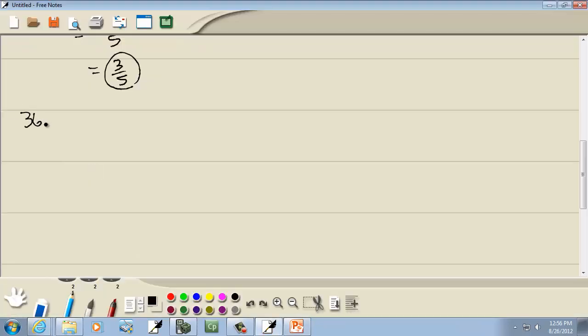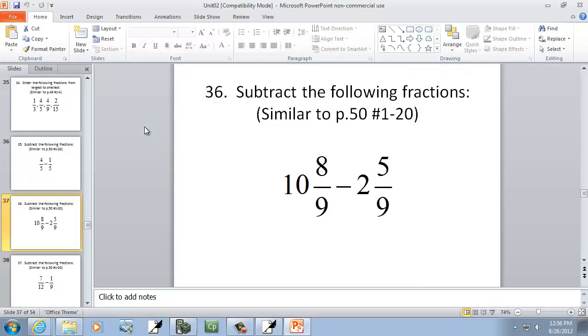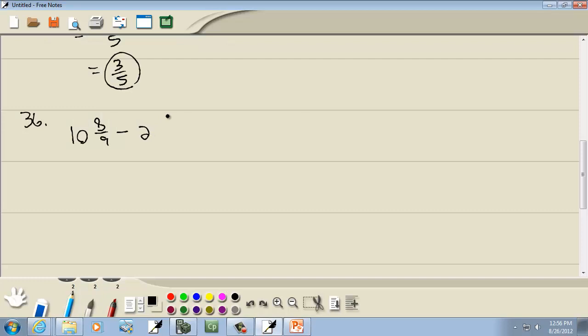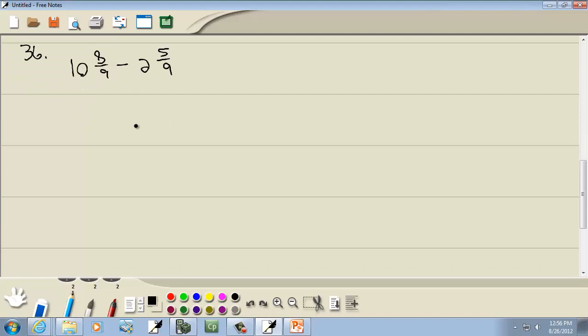Here's a mixed number. We've got 10 and 8/9 minus 2 and 5/9. Now usually with mixed numbers, it's best to put them in a vertical format. And we'll see why later on, because we'll end up borrowing in some subtraction. So I've got 10 and 8/9 minus 2 and 5/9.